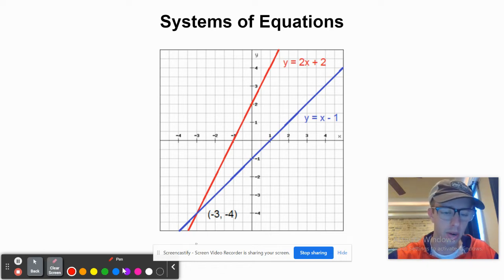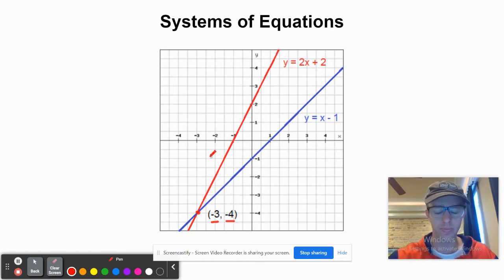Now, with a system of equations, the solution to this system is just where they intersect, right? So for this graph, the solution to this system of equations is -3, -4. So when x is -3 and y is -4, that is the solution to the system.